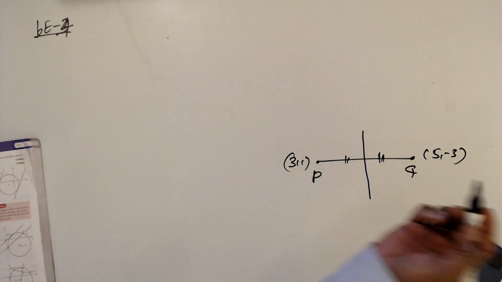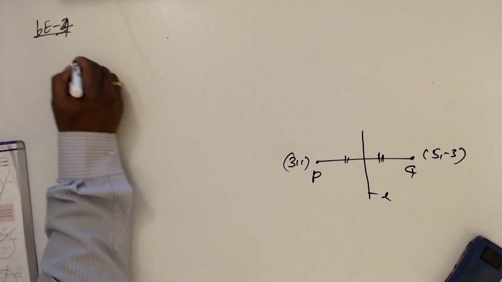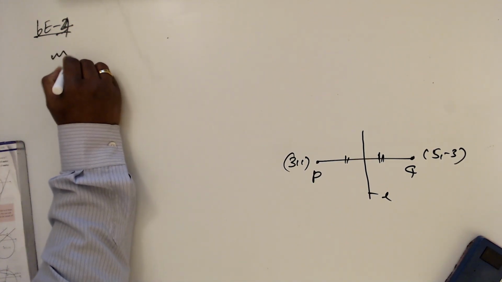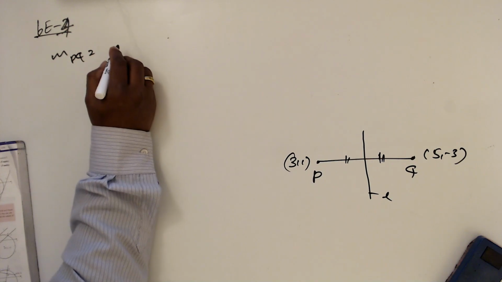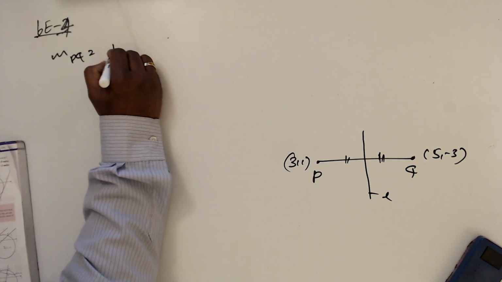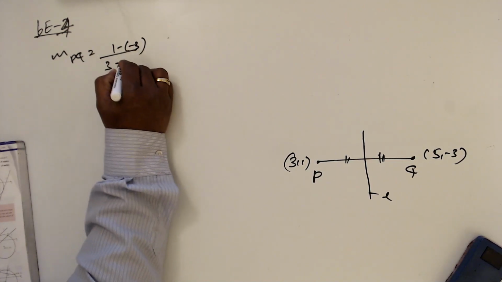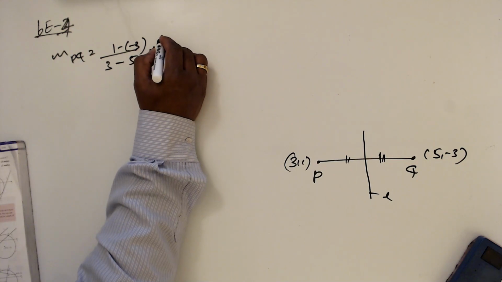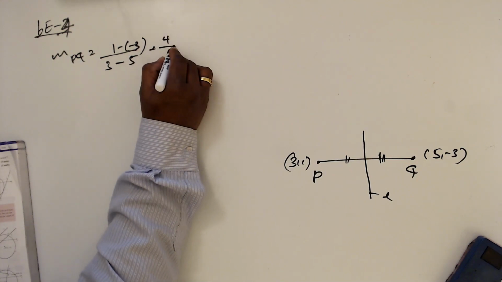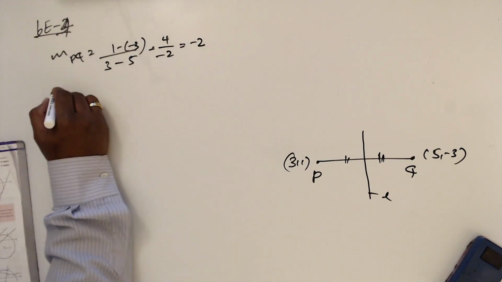We'll work it out as usual. This is L1. The gradient m_PQ is (y1 - y2) divided by (x1 - x2), which is 1 minus -3 over ... This is going to be 4 and this is going to be -2. So the answer is -2.